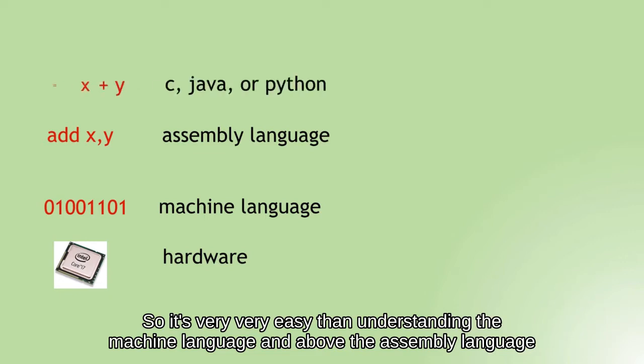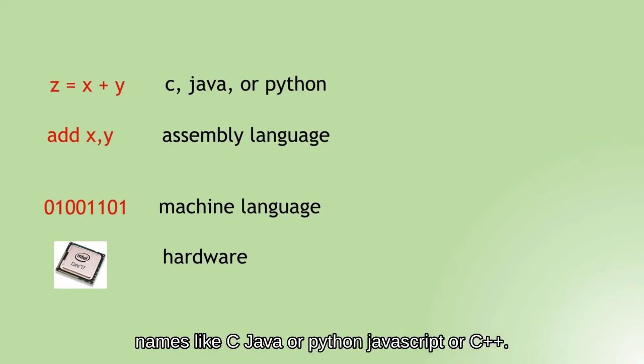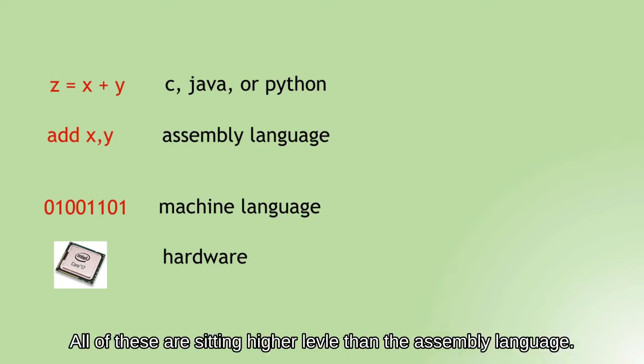And above the assembly language layer, that's the high level language we usually talk about. You might have heard a couple of language names like C, Java, or Python, JavaScript, or C++. All of these are sitting at a higher level than the assembly language.